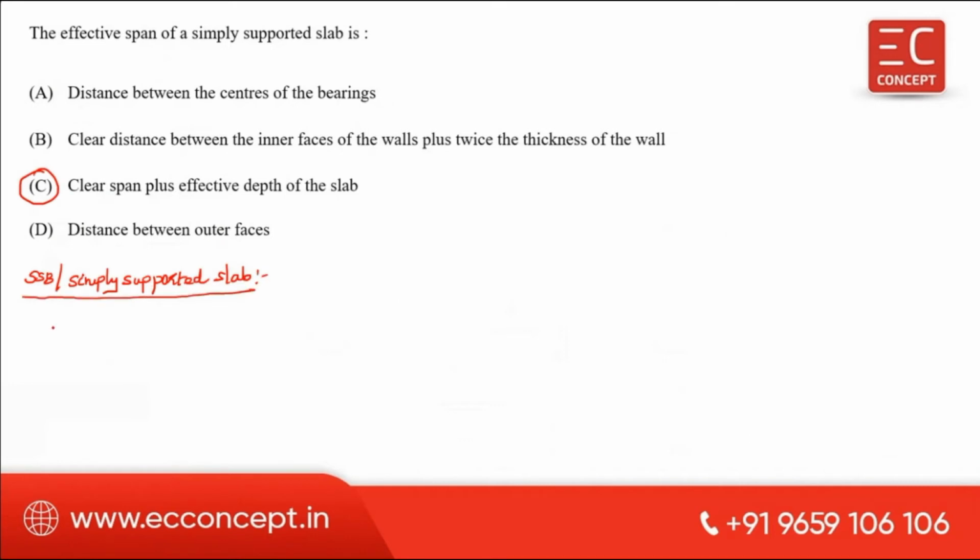For this case, L effective is equal to the minimum of LC, clear span plus D, or center to center distance between the support. Okay, center to center distance between the support. Therefore, this is a simply supported beam.